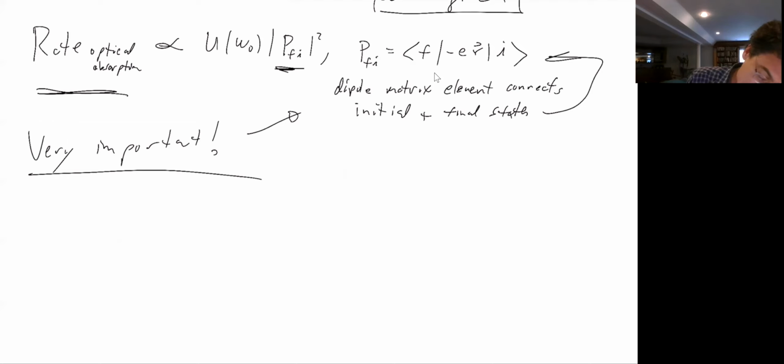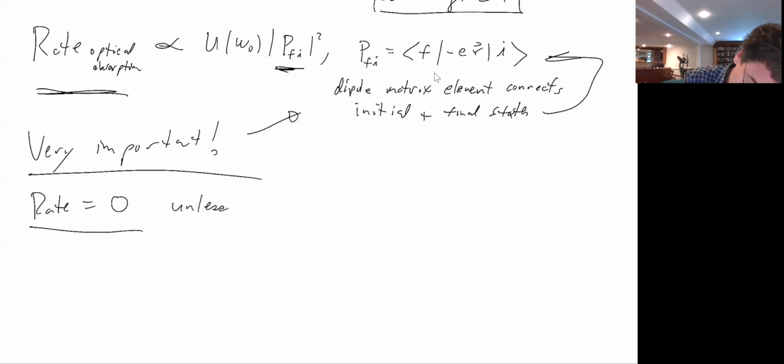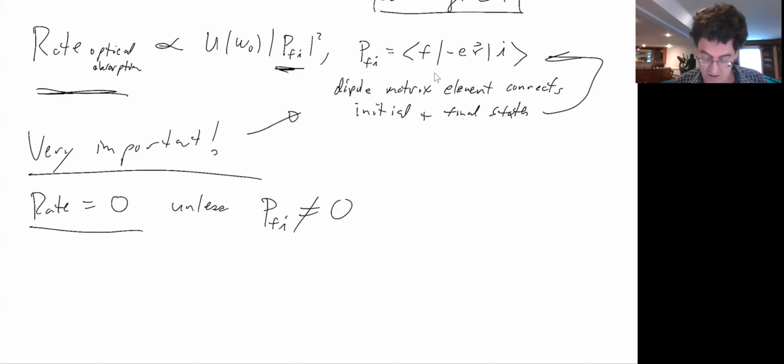And so there's a very important concept, which is that the rate of absorption equals 0 unless the dipole matrix element does not equal 0.